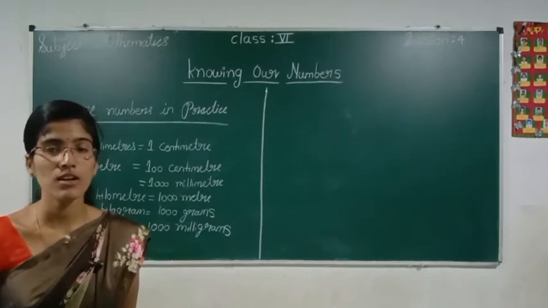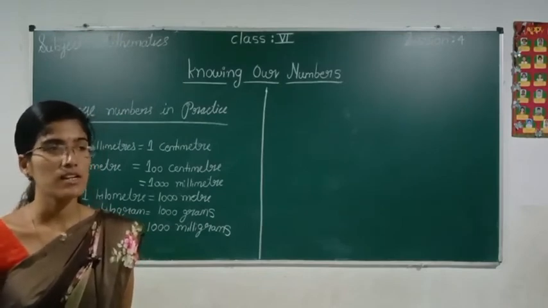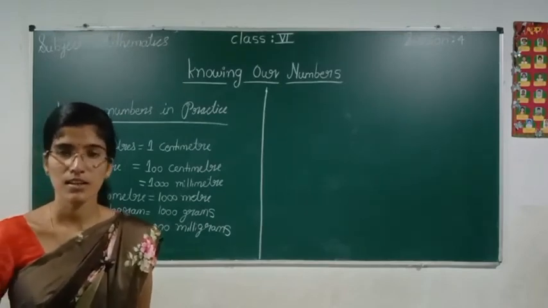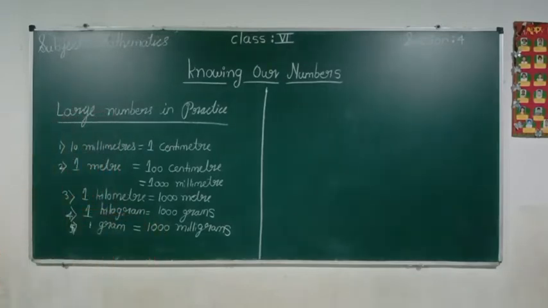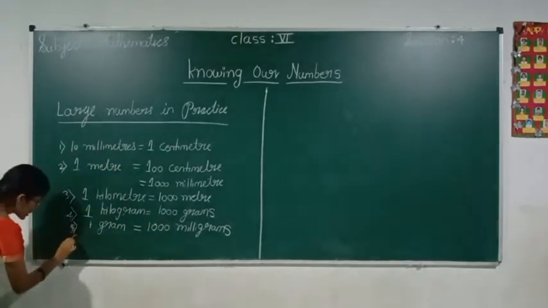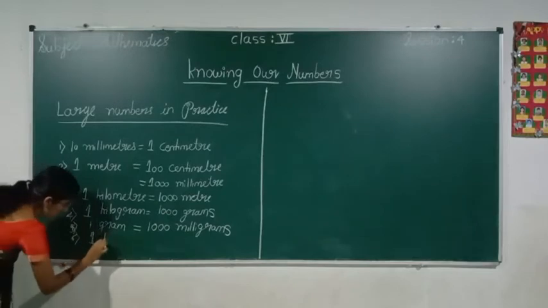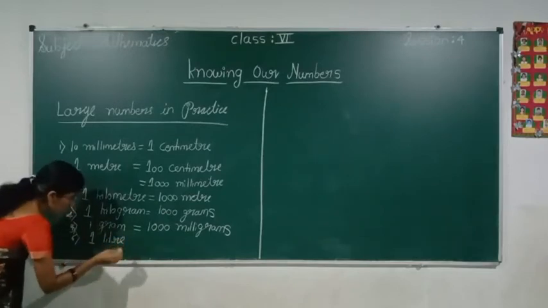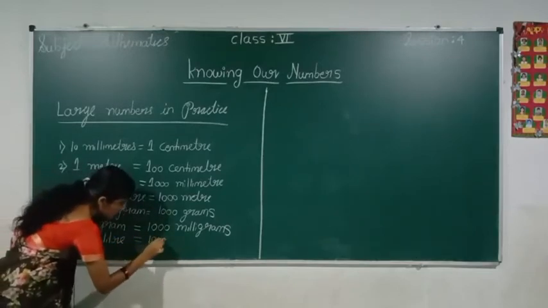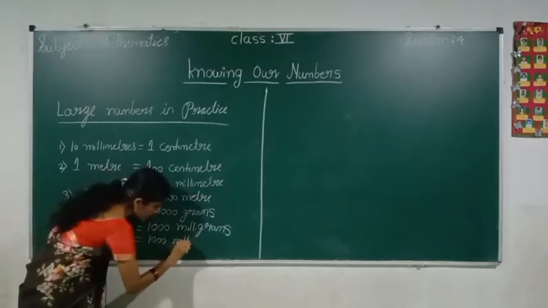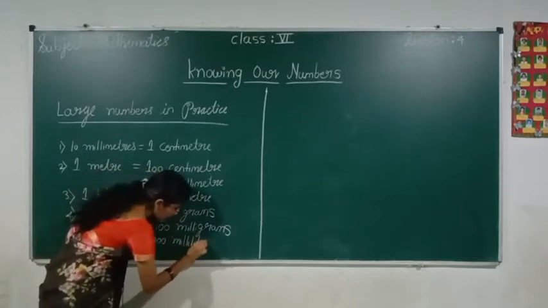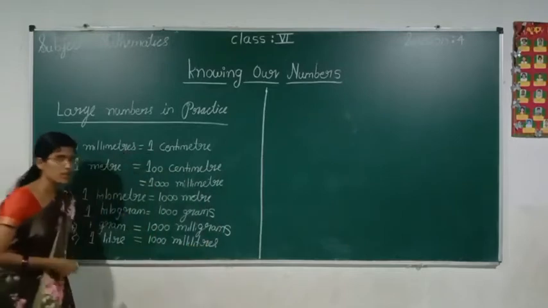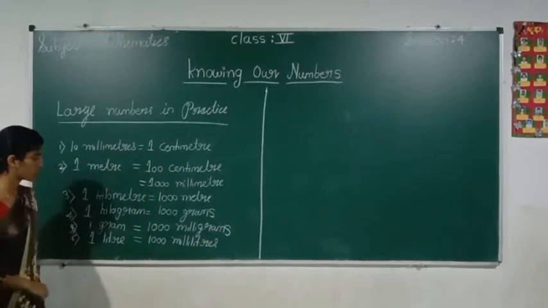You use the liter. You will say 20 liters, 30 liters. Yes or no? Now see here, the next quantity is the liter. 1 liter is equal to 1000 milliliters. Okay, all this you should know.